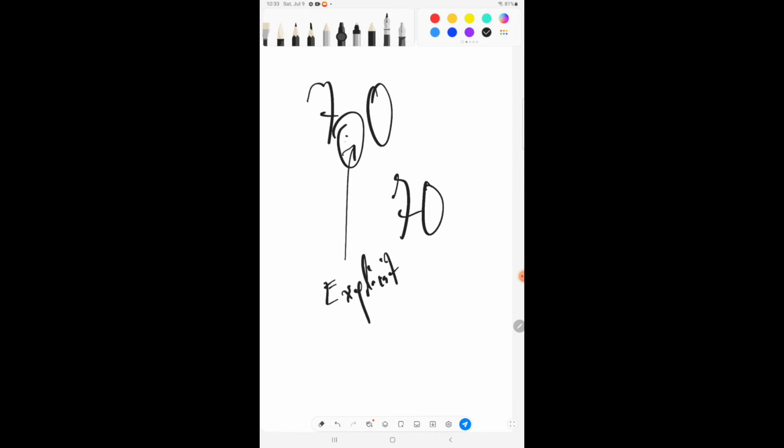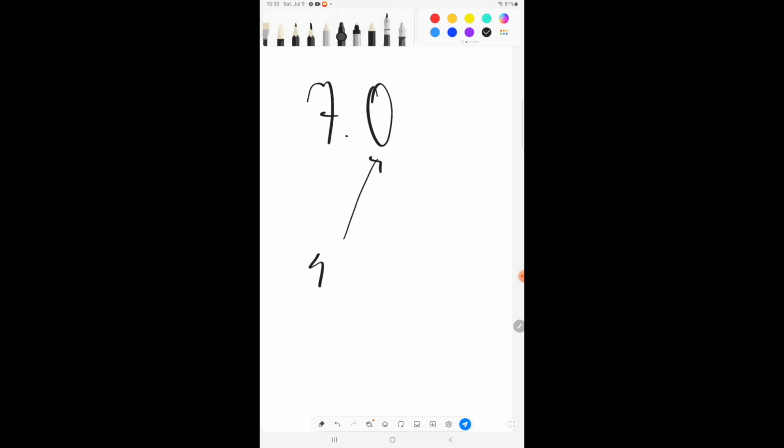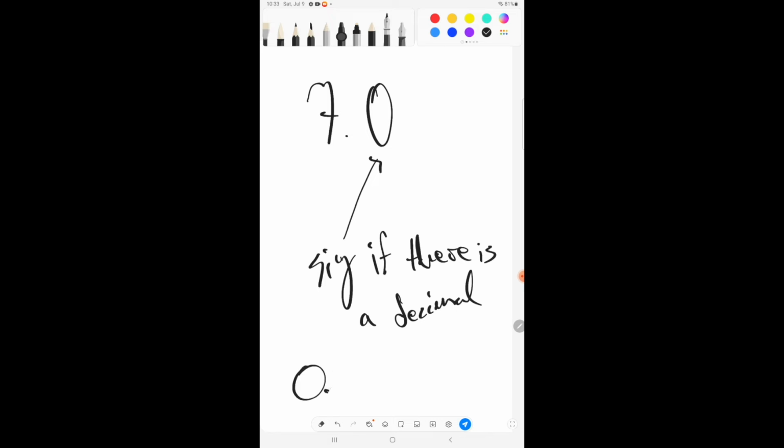Here we see the decimal, it's visible, so it's explicit. So trailing zeros are always significant if and only if there is a decimal. So if I have 0.7000, these three zeros are significant.